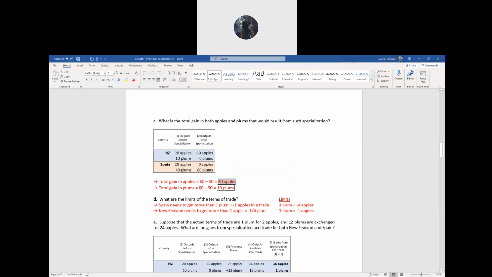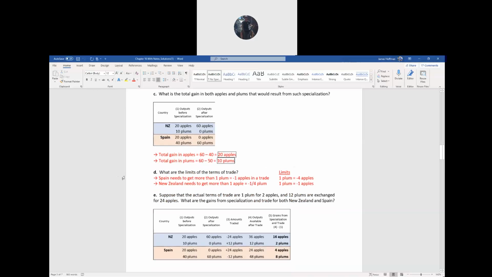Okay, for plums, all the plums are now coming from Spain, which are 60. And before, if you add up the plums in the two countries, 10 plus 40 is 50, so we gain 10 plums. So just by specializing and adding up all the goods together, we gain 20 apples and 10 plums, right?